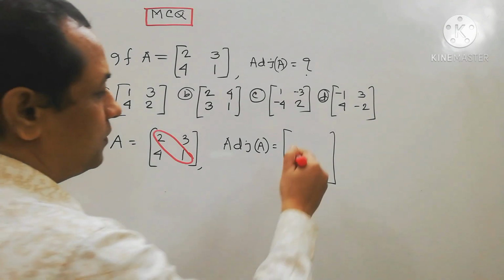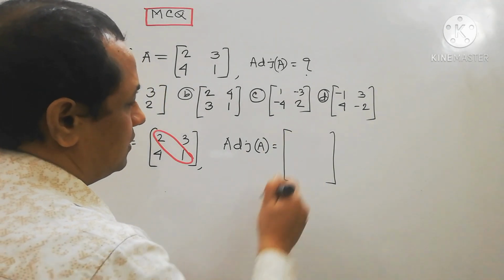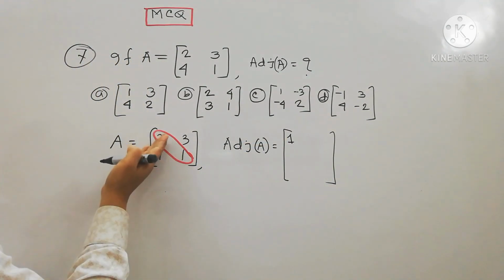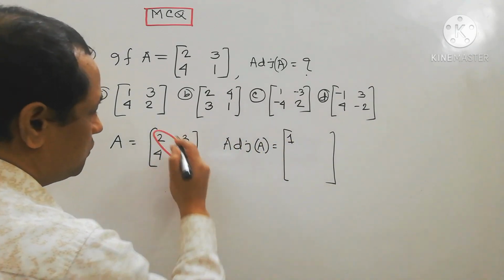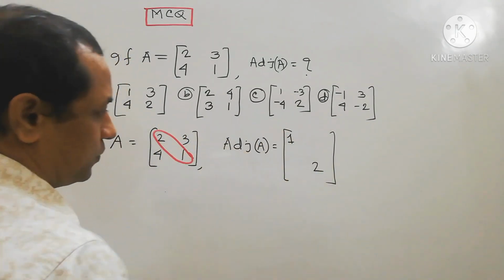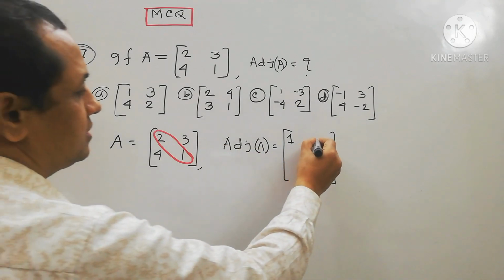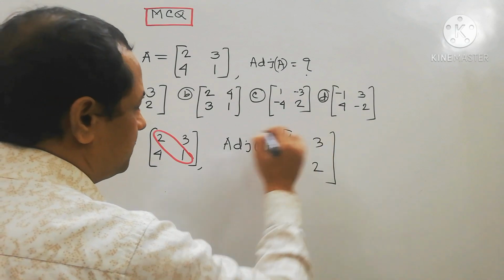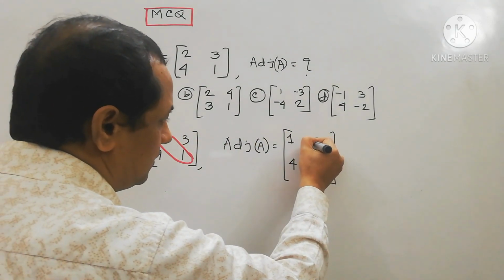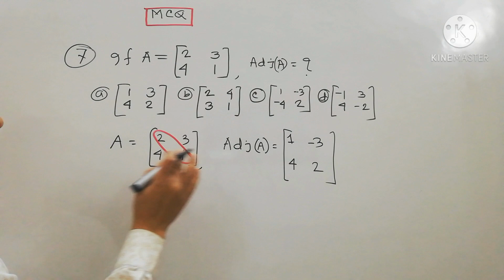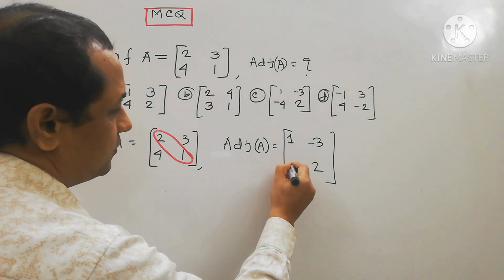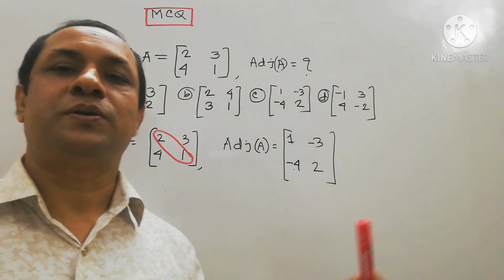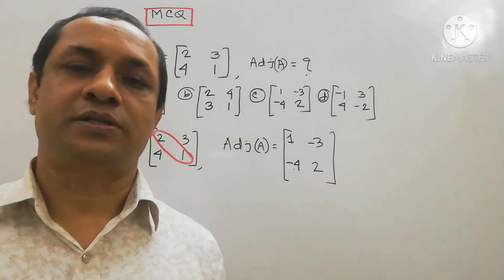Attention please student, interchanging the entries of the principal diagonal. So here 2 1 becomes 1 2, and the other entries 3 and 4 stay in the same position, but 3 is plus so 3 will be minus, and 4 is plus so 4 will be minus. So student, this is the adjoint matrix, this is the shortcut method.